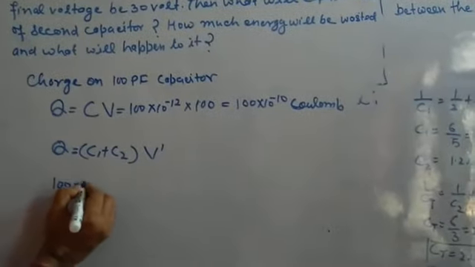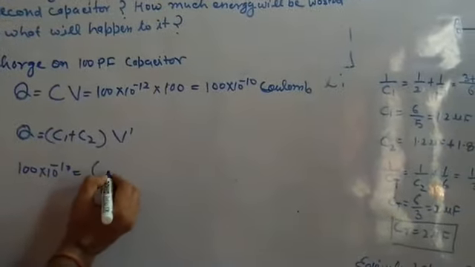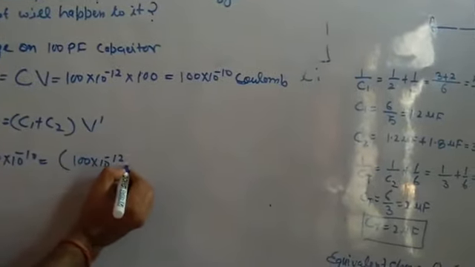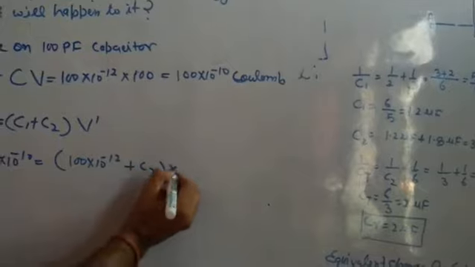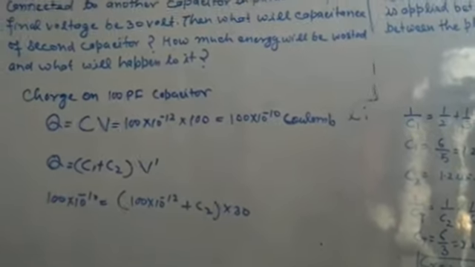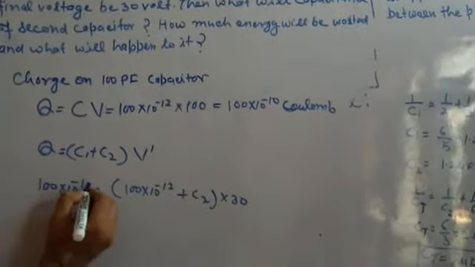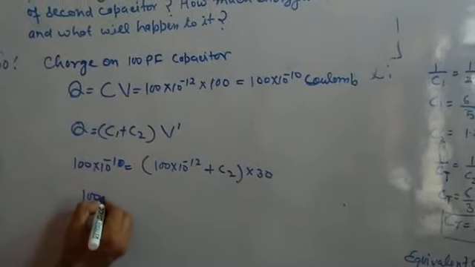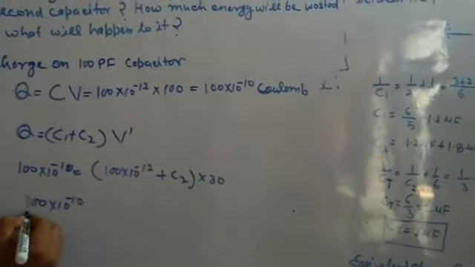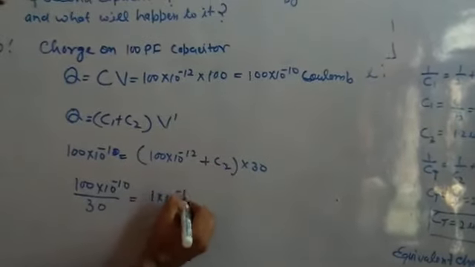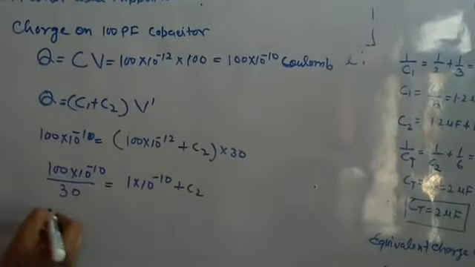So 100 into 10 power minus 10 equals C1, 100 into 10 power minus 12, plus C2 into 30. From this, 100 into 10 power minus 10 upon 30 equals 1 into 10 power minus 10 plus C2.